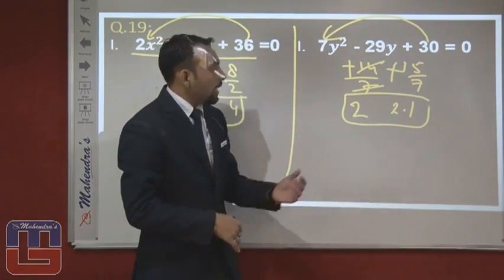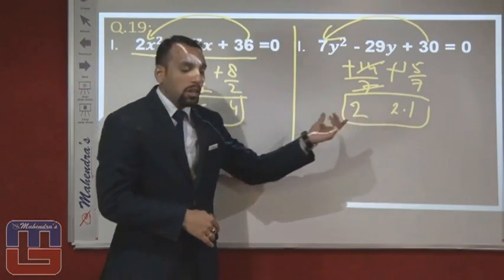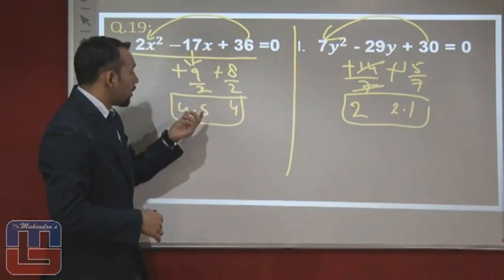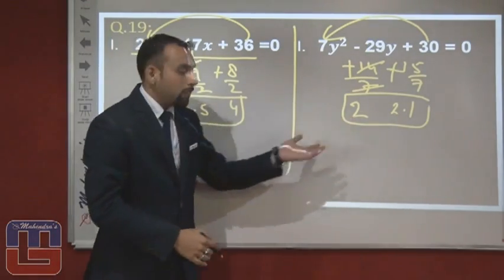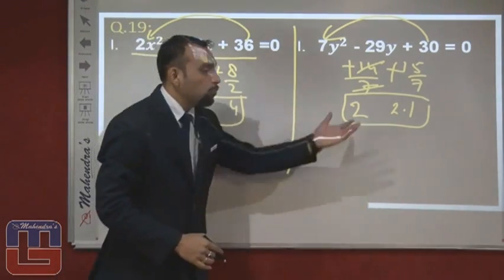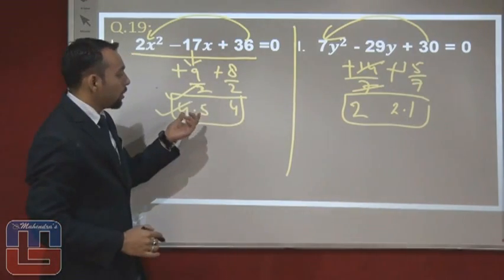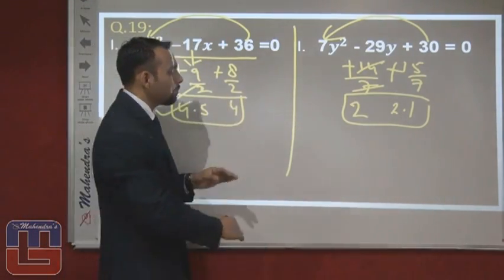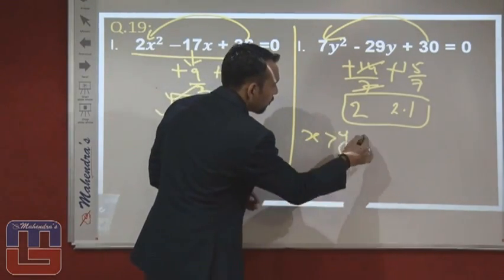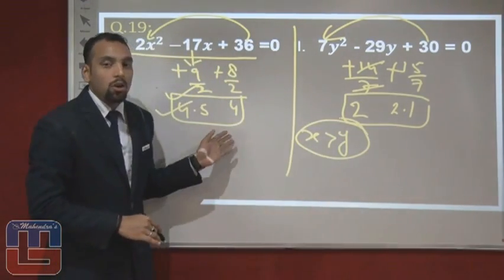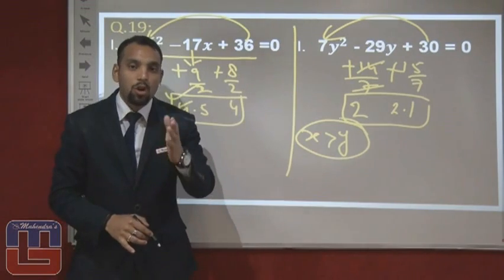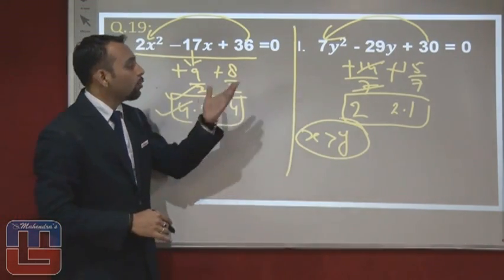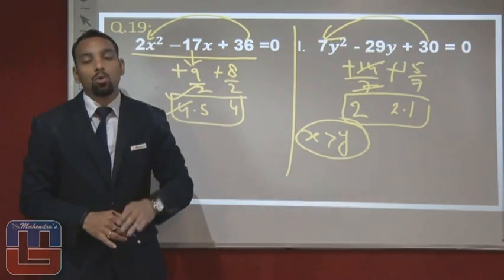Alright, here we get the values of y, 2 and 2.1, and here we get the values of x, 4.5 and 4. Now compare directly. Between 4.5 and 2.1, which one is greater? This one. Again, 4 and 2.1, this one, which means x is greater than y. Directly you can check, or by making a chart you can also check, as we already discussed. So the conclusion of this equation is x greater than y.